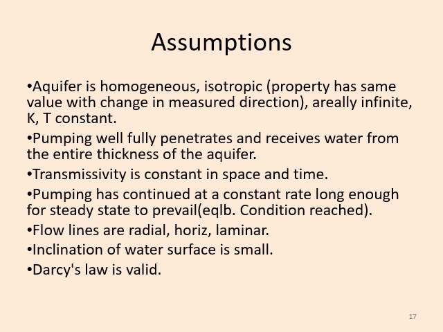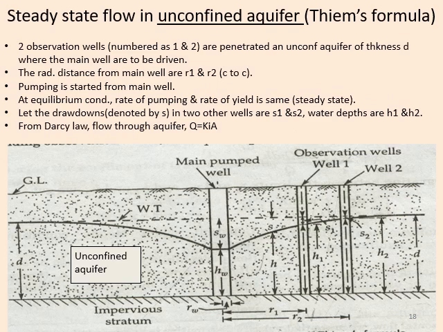Inclination of water surface is small, meaning the slope which is happening with the drawdown of the water table is small, and Darcy's law is valid. Under these assumptions, H2 minus H1 we can write as S1 minus S2.